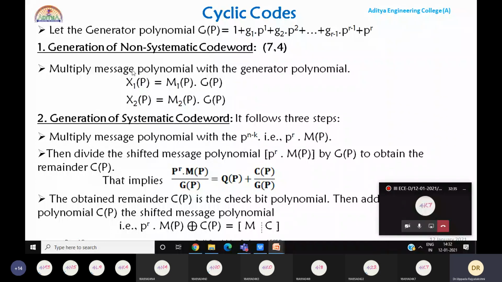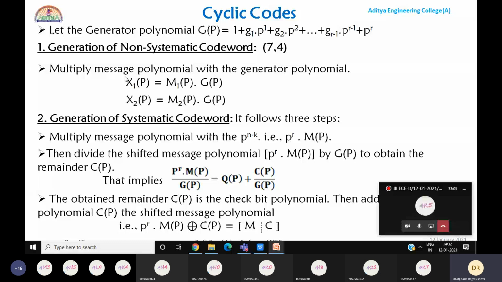Then you will be given a message polynomial and a generator polynomial. Multiply those two to get the code word using the non-systematic procedure. So what is the generation of a non-systematic code word? Just multiply the given message polynomial with the generator polynomial.